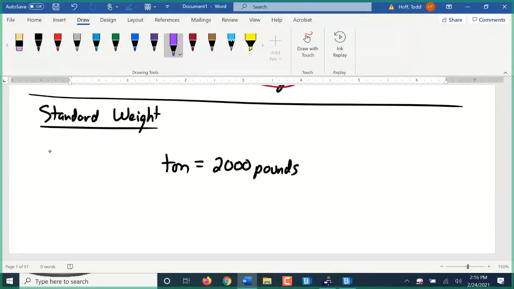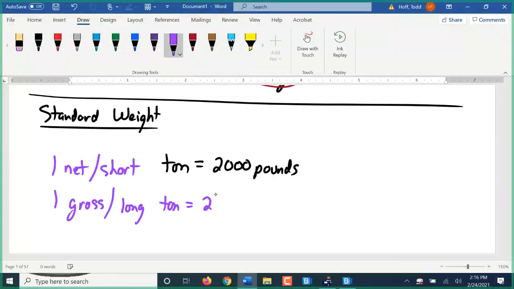But this is actually what is called one net or short ton. Now the term net implies that there's something called a gross or a long ton. And there is: 2,240 pounds.